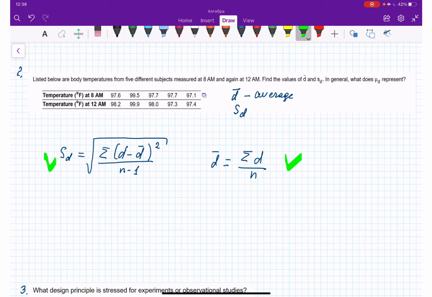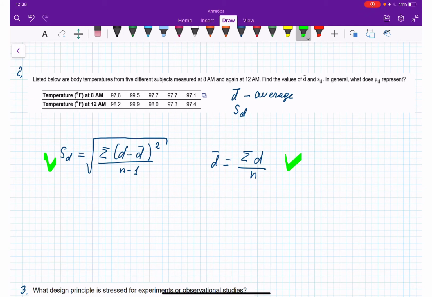Okay, so the key part of understanding in this assignment is when pairs are dependent, where the samples are dependent, then the average and standard deviation you are going to get are from both of them.